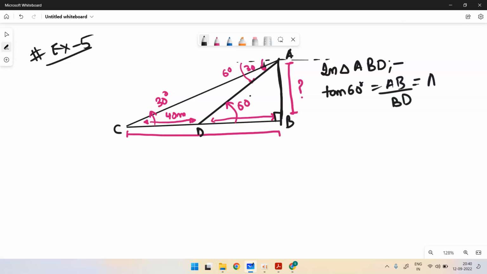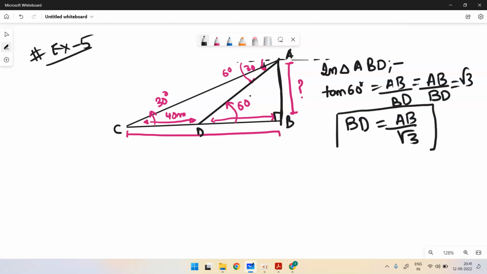AB you don't know, BD also you don't know, and tan 60 is root 3. Now you need to get the relation on the horizontal base. So BD equals AB by root 3 meters. This is my first relation.